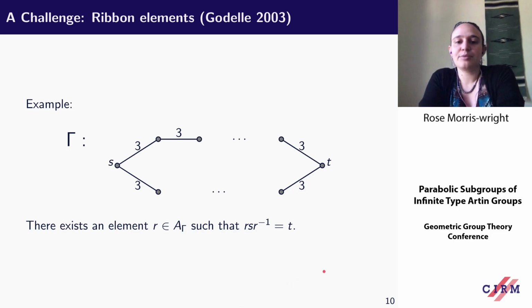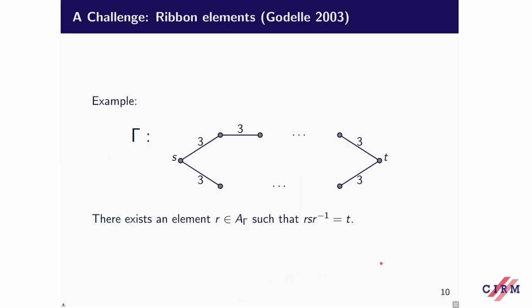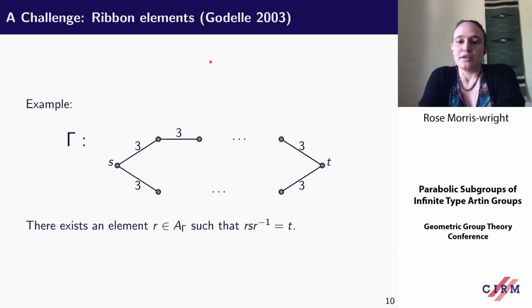So I just wanted to talk briefly about ribbon elements. Ribbon elements are one of the main reasons why these are a challenging question. And the term ribbon was given by Godelle in 2003. And basically, the idea is that there are these elements. This element is called R in this example, where when you conjugate by R, you permute the elements of the generating set.